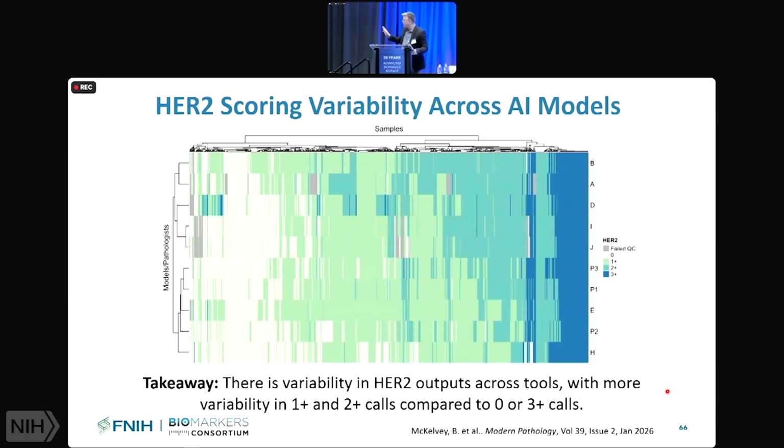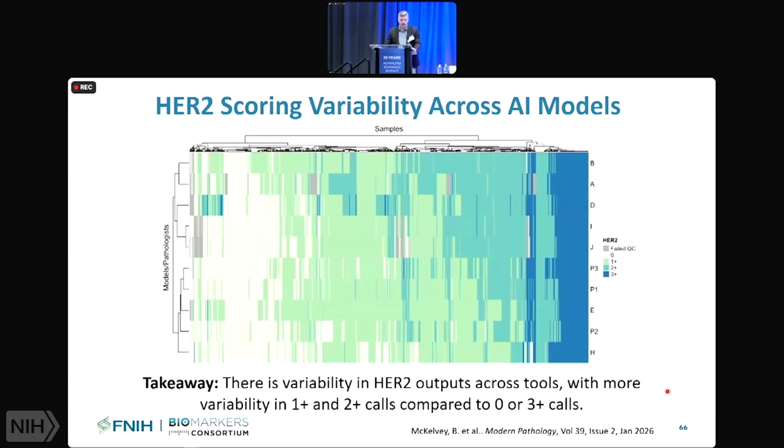So what you can see in this slide here is across each of the individual columns are the over 1,000 different samples. And then each row represents a different digital pathology HER2 evaluation tool. And those denoted P1, 2, and 3 are human pathology reads. So you can cross-compare the outputs by the different tools and compare them to the human pathologist read.